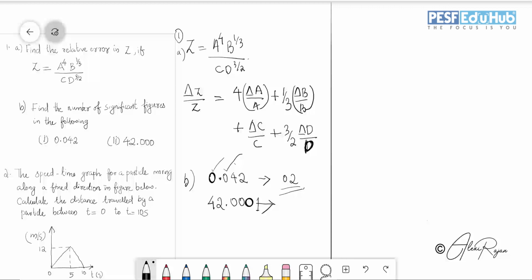If, for example, after the zeros a 1 were coming, then those zeros would become insignificant. But here there is no 1, so all the zeros are significant.